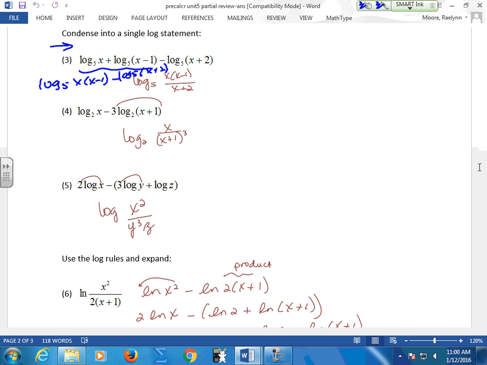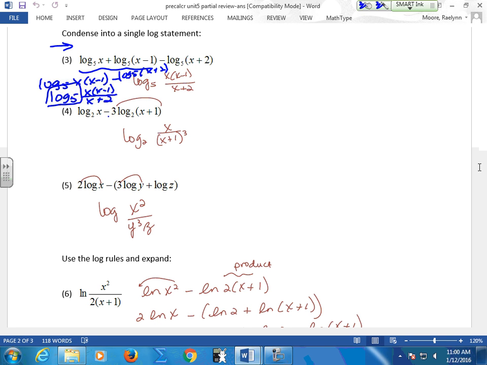Now, when I was subtracting my exponents, what was I doing? Dividing. I had a quotient rule here. So now, read it left to right and just make a quotient. When you finish this, you should have only 1 log word here. You're condensing this down to 1 log word. Normally when we start with 1 log word, then we expand it out. This guy you're condensing down to 1.